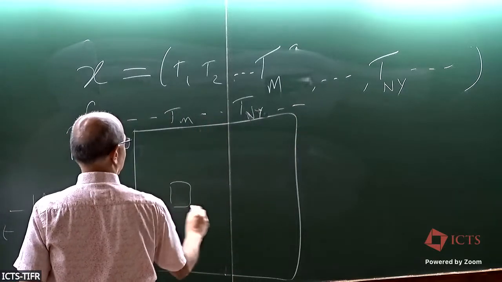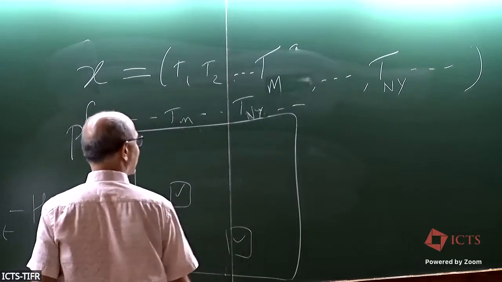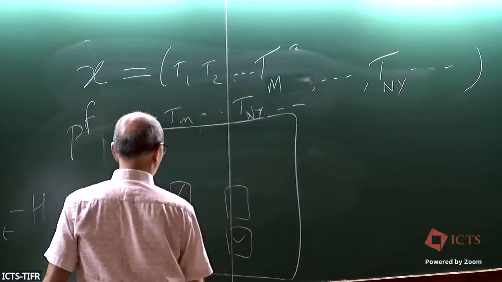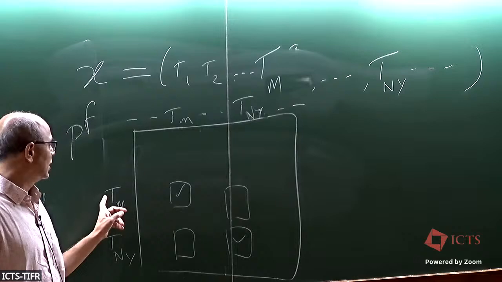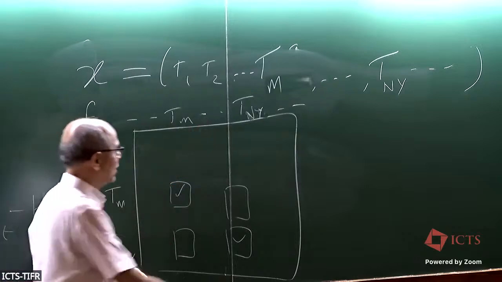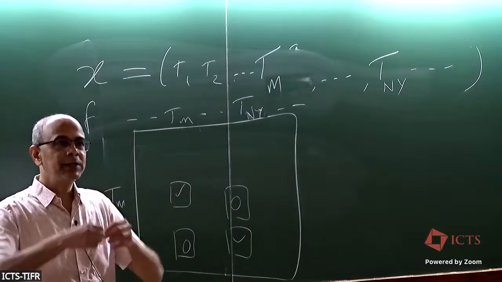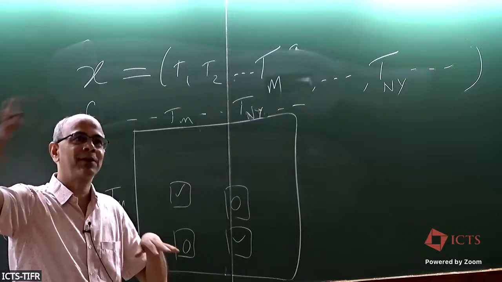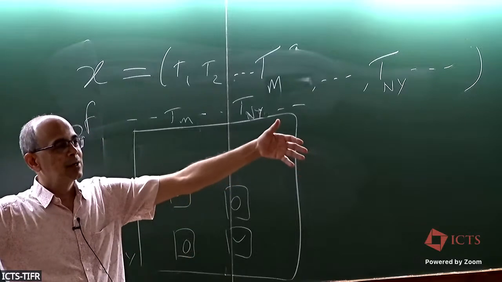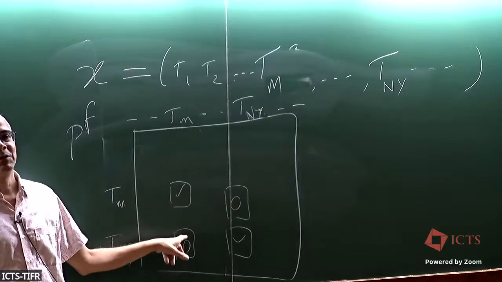Of course, we want the diagonal entries to be okay. We want the entries corresponding to the cross covariance between Mumbai and New York to be small or 0. So if the physical distance along the surface of the Earth is large, we want the correlations or the covariances between those variables to be small.